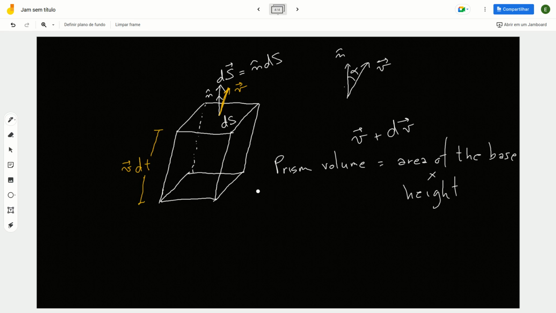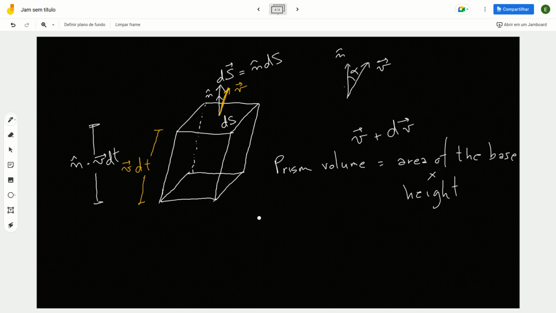So this projection will be this height. The height is actually the v dt projected on this direction. The dot product here represents that projection, right?